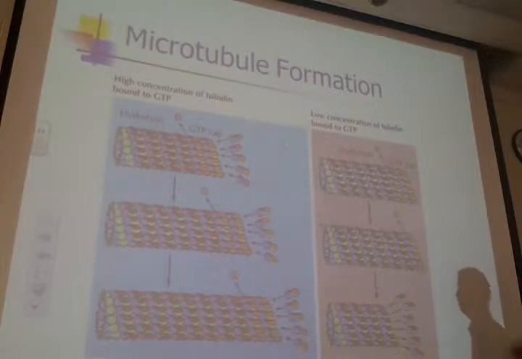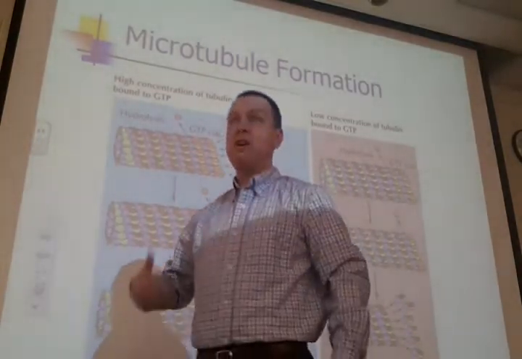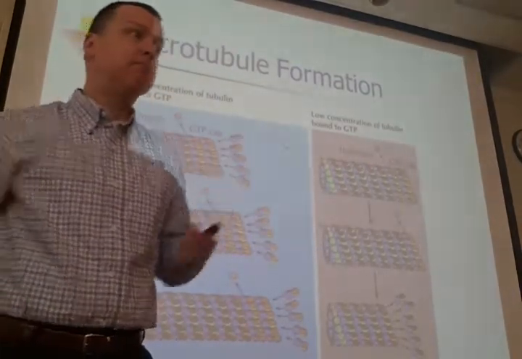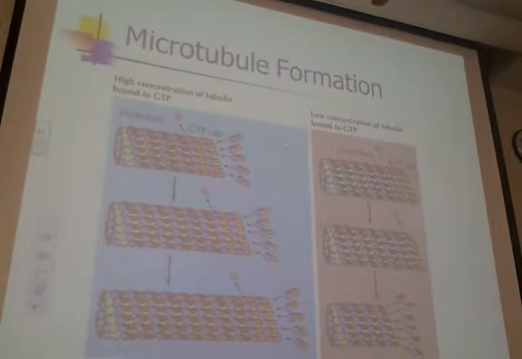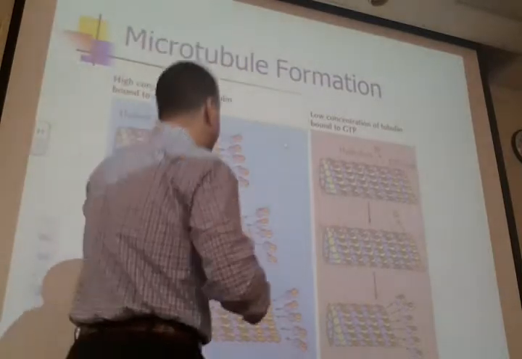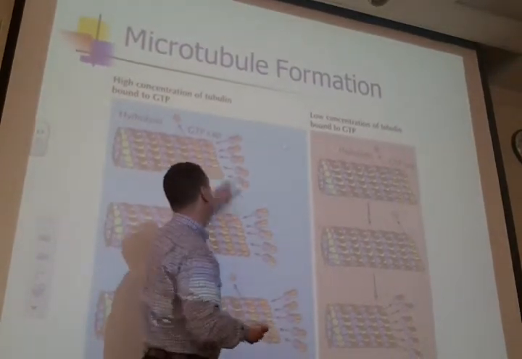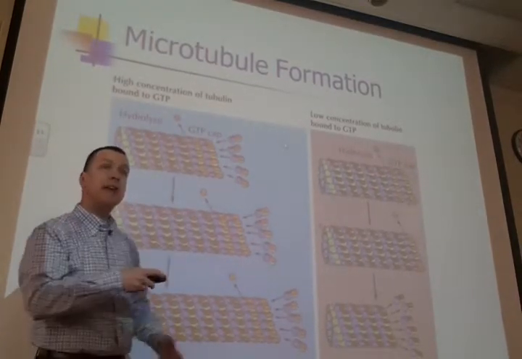These very dynamic microtubules are costing the cell a good amount of energy because a lot of them are elongating quite often. Every single dimer costs you a GTP eventually, but not initially. You need the GTP attached in order for new dimers to add to the plus end.